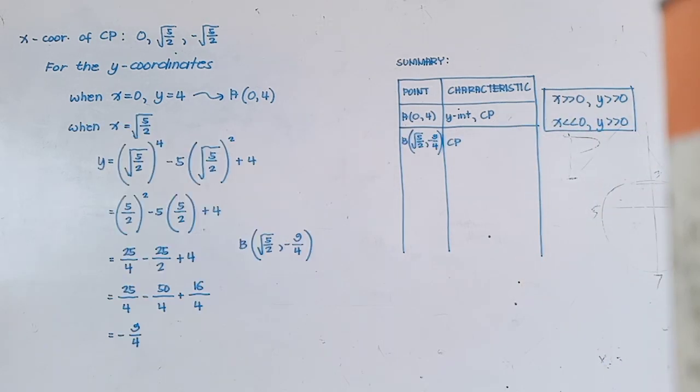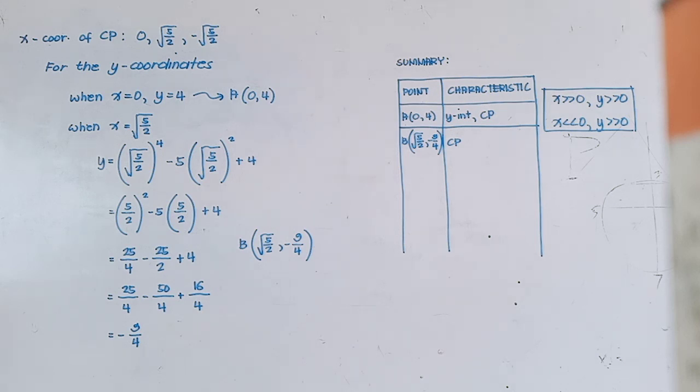For the second x coordinate, all you have to do is substitute it into the original function, because these critical points are points on the graph of the function, and therefore any point on that graph must satisfy the relation.